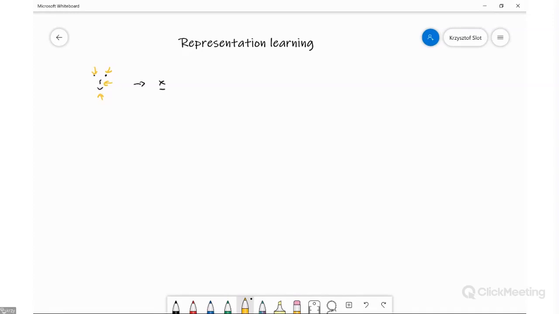So the first thing is we would like to be able to transform input raw data in such a way that there is information about these individual components provided in this X vector.